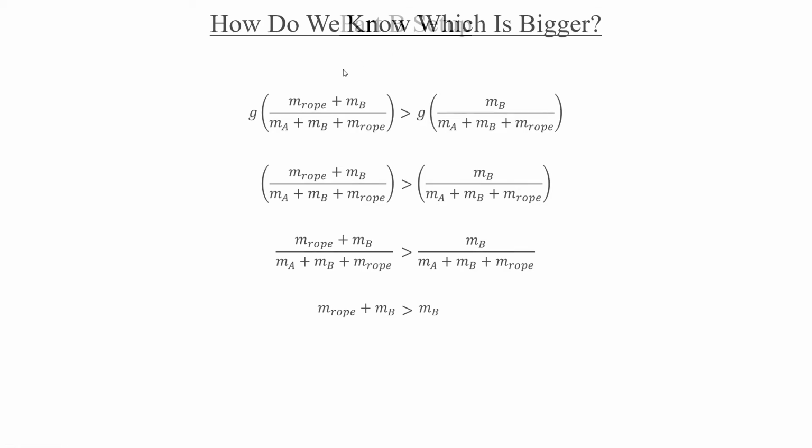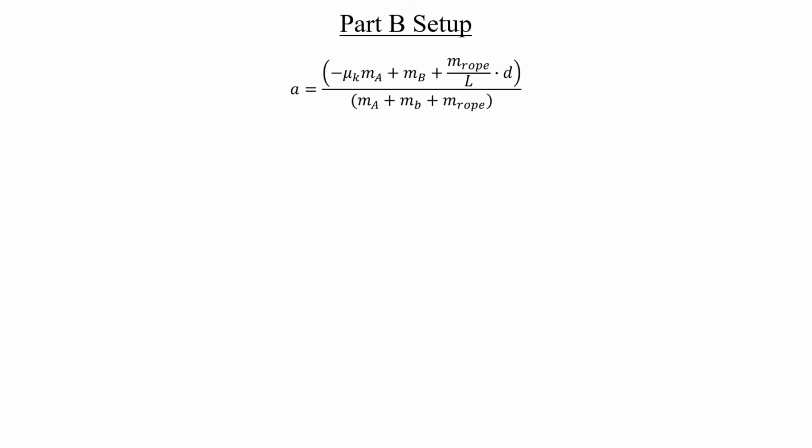What about part B? We have this for our acceleration expression, and we were told that we want the blocks to just barely begin to move. And what would that mean? Well, the acceleration would have to be greater than 0 for that to happen.